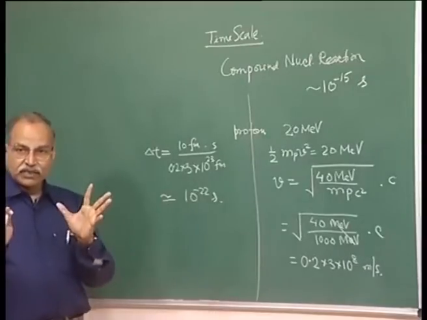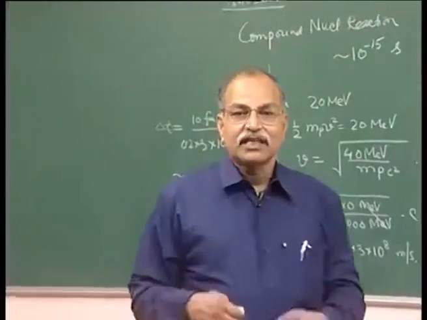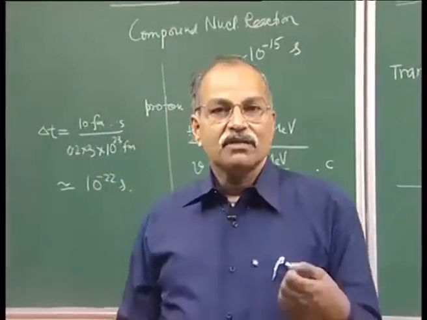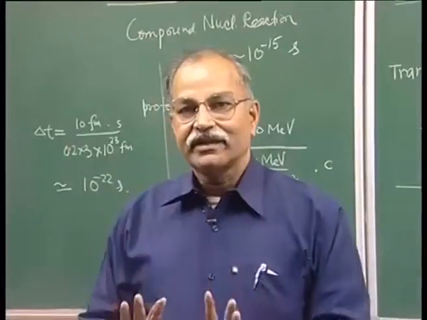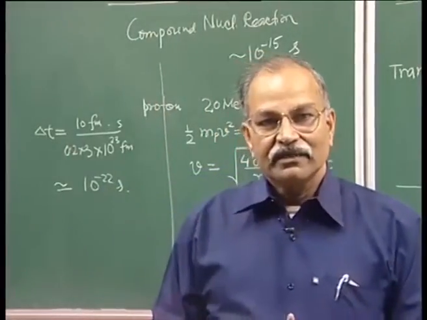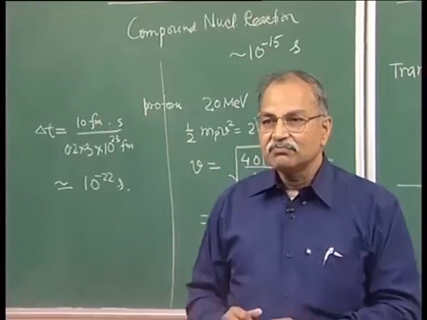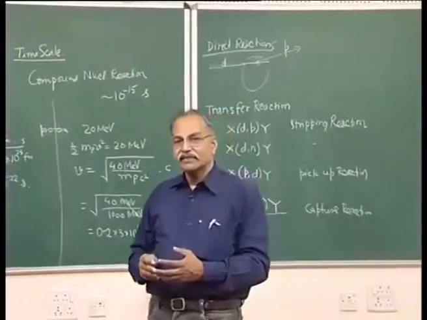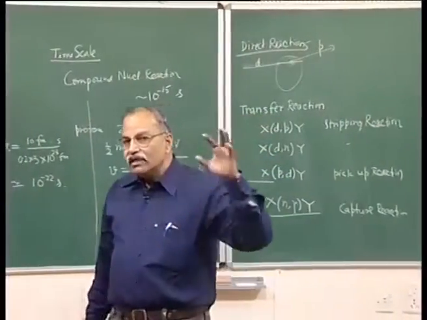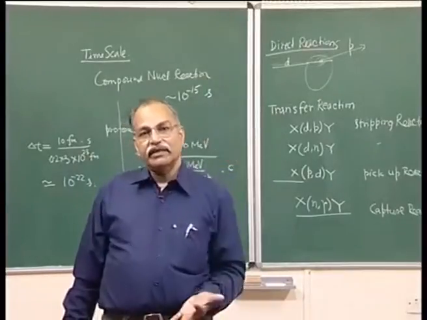So, that is one big difference, but it is still difficult to distinguish between these two. Modern equipment can do that, but it is still difficult for a typical experimental setup. The other difference between direct reactions and compound nucleus reactions is the angular distribution of the outgoing particle.